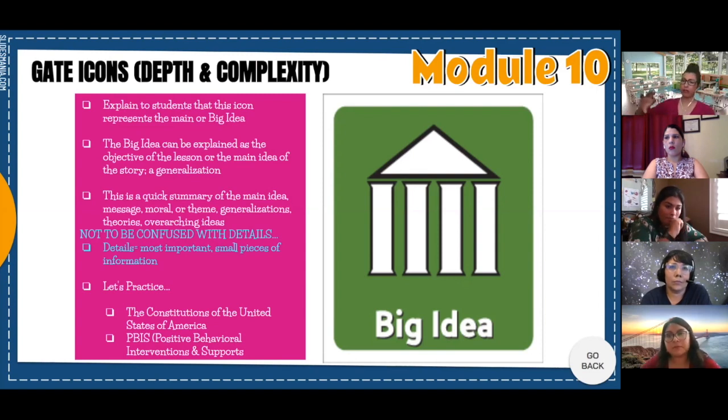So if in the little triangle on the roof we put "the purpose of the United States Constitution is to protect our rights, or to explain our rights," then that would be a good statement to put up there, knowing that there are those pillars right there.